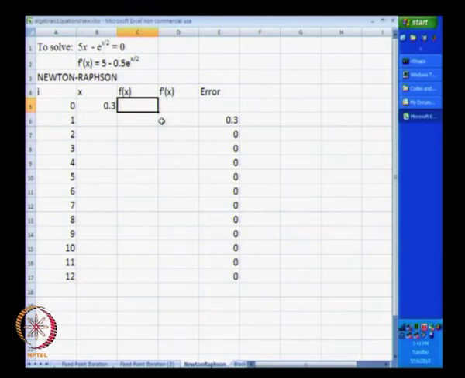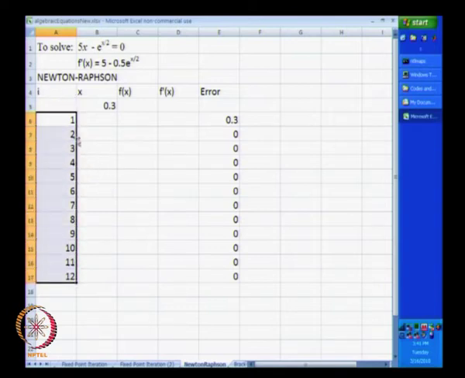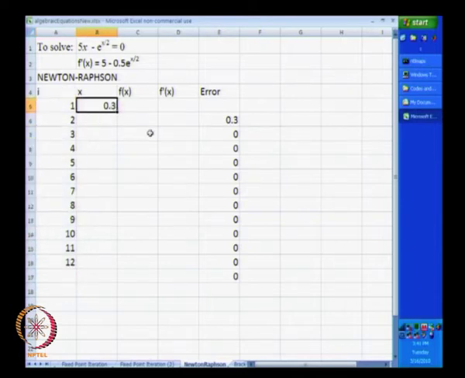Okay, so the first step is the iteration number, and this is what I have been doing since the previous lecture. Let us start with some arbitrary value for x1, let us say 0.3.